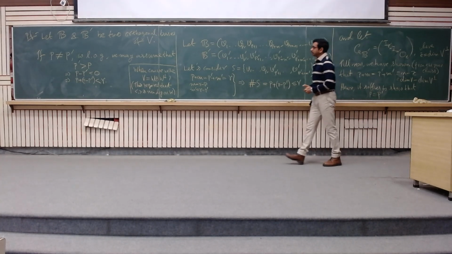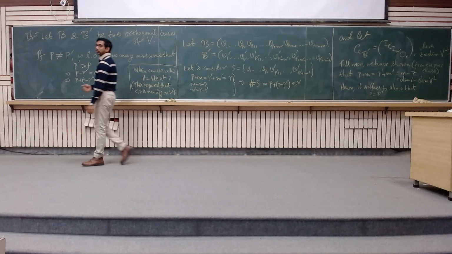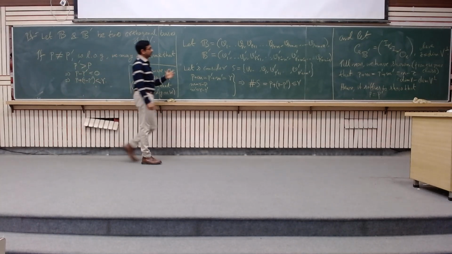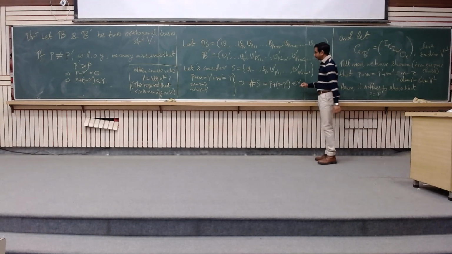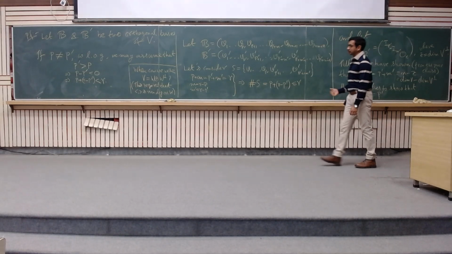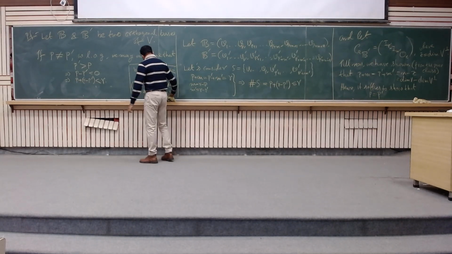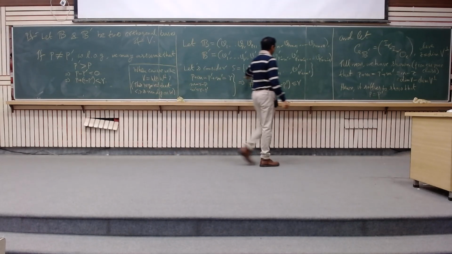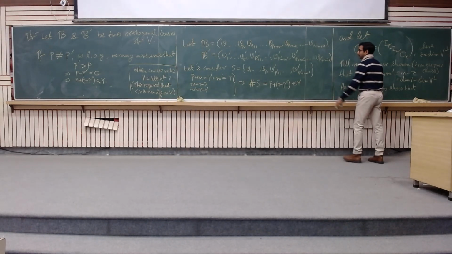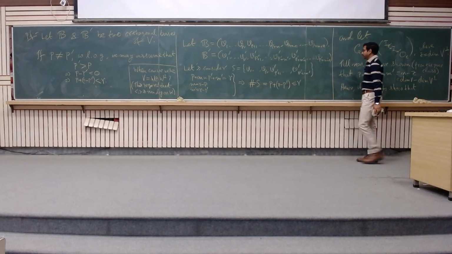So the question now becomes whether considering this set would suffice to show that, if we could show that this set is linearly independent, whether that would suffice to show whatever the claim is, that is P is equal to P dash, that is whether we are getting a contradiction. So at first, well, let's leave it to you for thinking for a while, whereas let's try first to prove that this set is indeed linearly independent. Okay. So suppose it's not, okay, what happens?